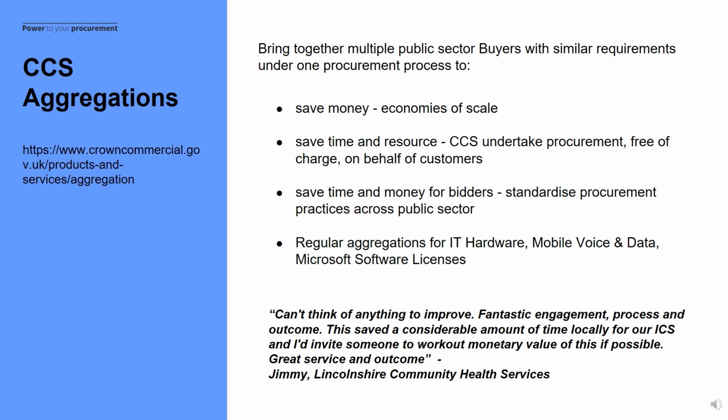So you could potentially have a central government body on the same aggregation as a charity and an NHS trust or a fire service, for example. The key being that they have similar requirements, such as Microsoft software, and we bring them together under one procurement process with the aim of using the volume of the requirements and the volume of customers to make savings.